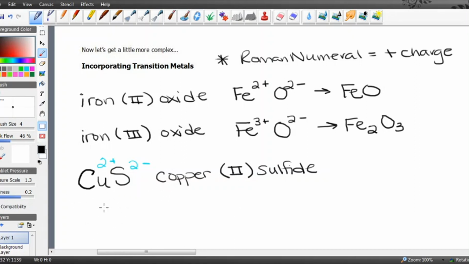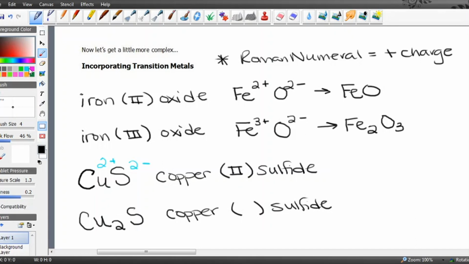However, what if I gave you the formula Cu2S? This is a different compound. Again, it's going to be copper. It's going to have a Roman numeral, and the name is going to end with sulfide. However, the charge is different this time. Again, let's work backwards.